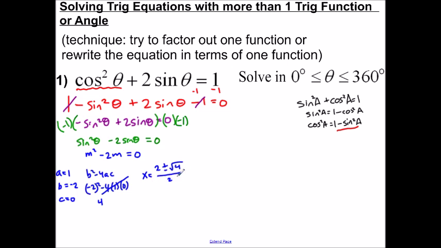So when we simplify this, we break this out into the two equations, it's going to be 2 plus or minus 2, so we'll go 2 plus 2 over 2, and then on the bottom, 2 minus 2 over 2. On the top, it's 4 over 2, or 2. On the bottom, it's 0 over 2, or 0. All right, so let's consider what that means, what that implies for us.